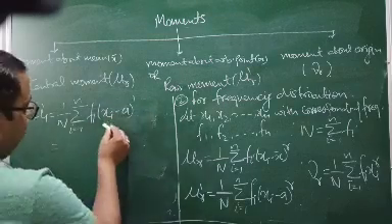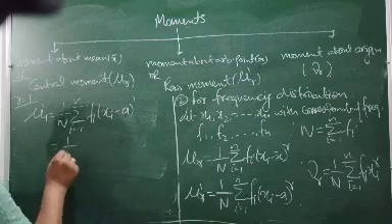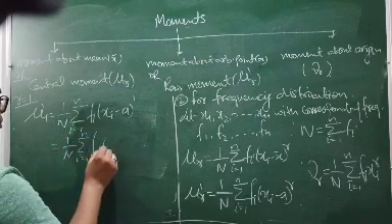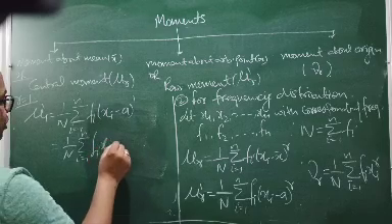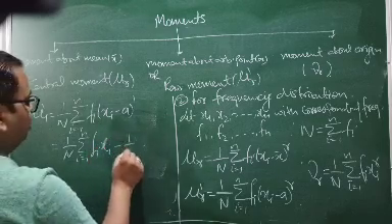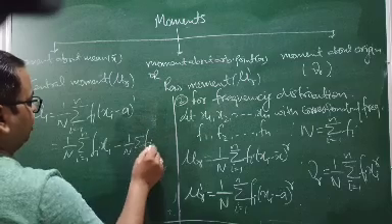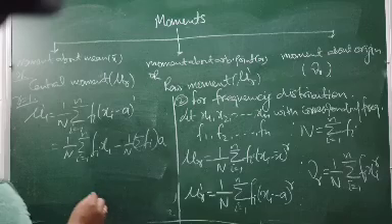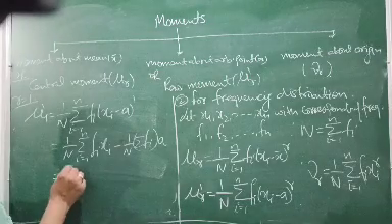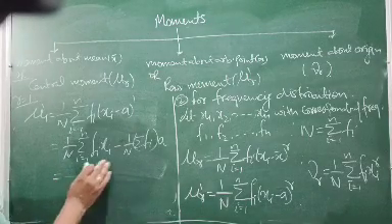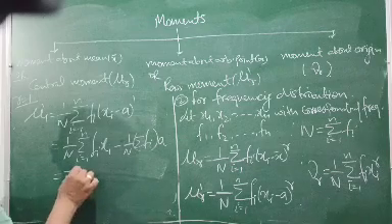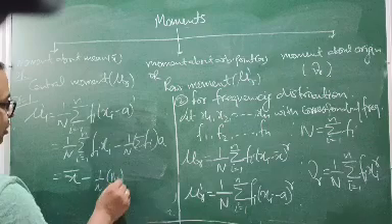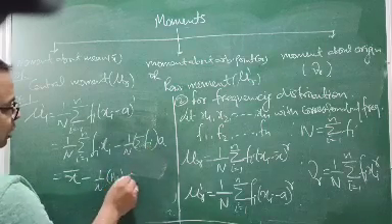So we can open this bracket: 1 upon capital N summation i varies from 1 to n fi xi minus 1 upon N summation fi into a. Here 1 upon capital N summation fi xi is the mean, x bar, minus 1 upon N into summation fi, which is written as capital N, into a.